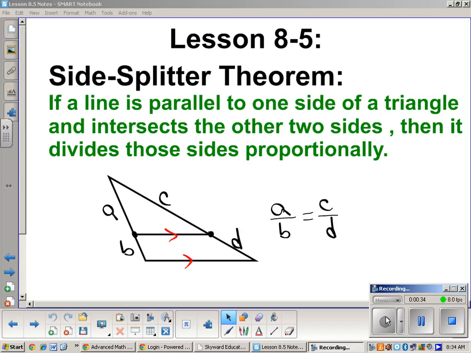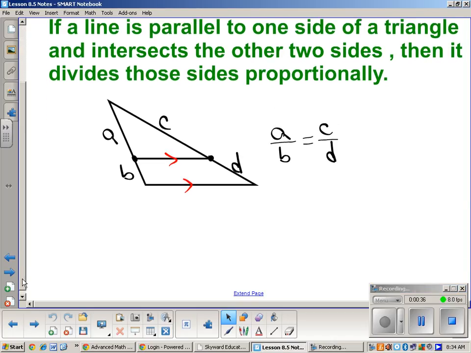And so if I cut this triangle here, I didn't label it, so let's quickly label it. We'll just call it triangle ABC. If I take this triangle ABC and I draw this parallel line in there to this side, so these two lines are parallel, then this segment and this segment are going to be proportional to these two segments.